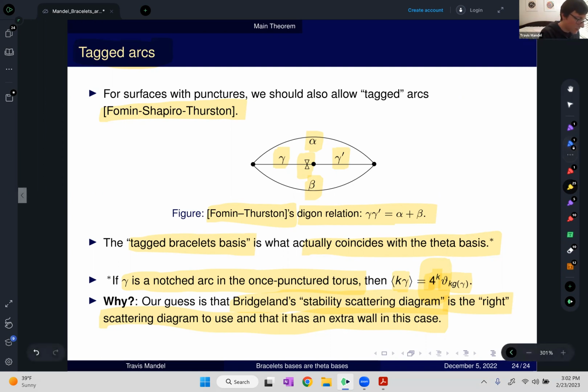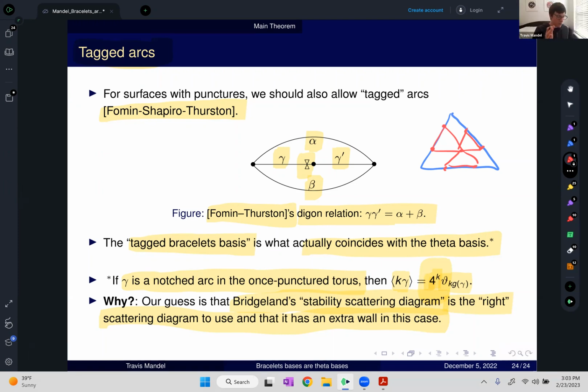Maybe I can show you. For SL2, you'd have something like this. Then for SL3, you have to get these more complicated triangulations. And it gets to be a much more complicated picture.